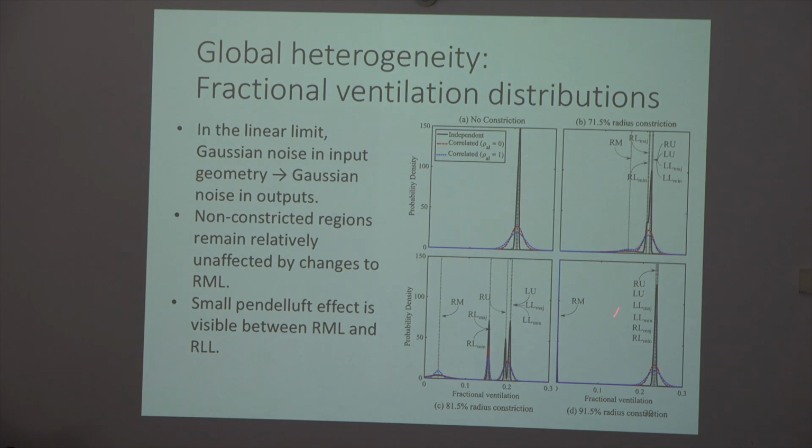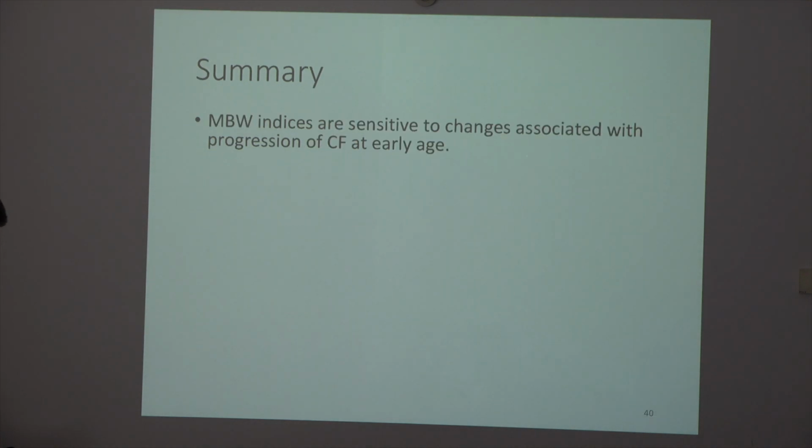And the take-home, I guess, is that it's much broader in the region that's already affected by constrictions. So the underventilated regions are much more sensitive, yet again, so that explains, I guess, where this effect is coming from.